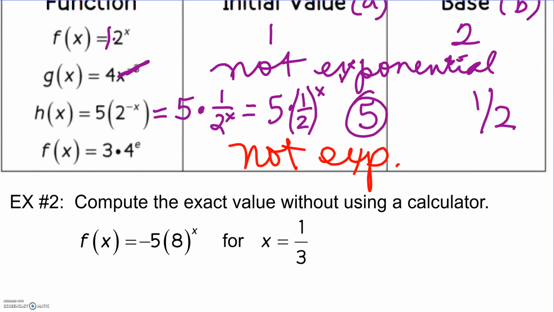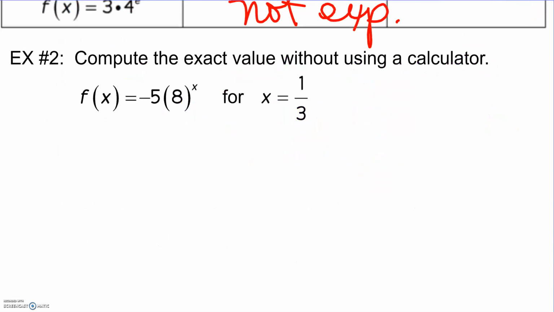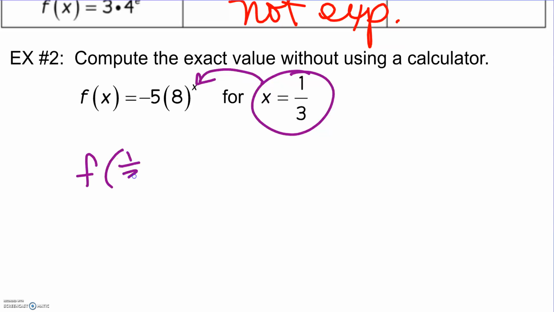And this says we want to compute the exact value of this without using a calculator. So we're just going to take this 1/3 and plug it in here in place of x. So f of 1/3 would be equal to -5 times 8 to the 1/3 power.